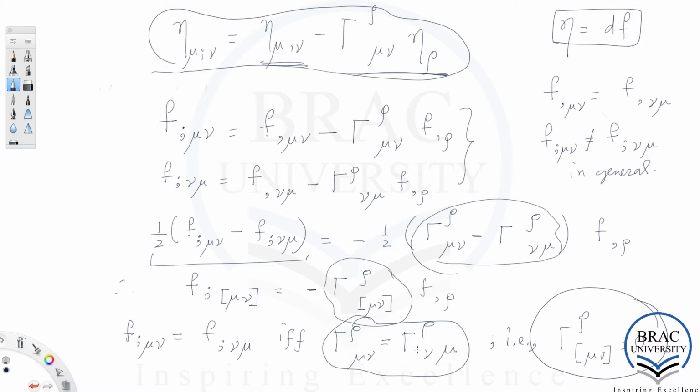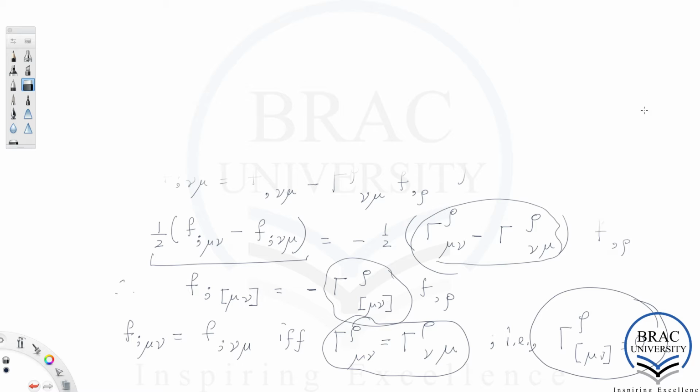And then the second covariant derivative of a scalar function is commutative. Good. So let me erase everything. Now we know what it means by torsion freeness of a connection.